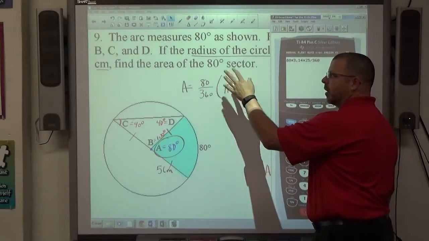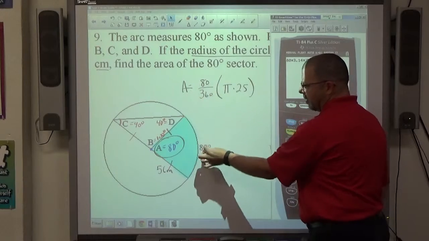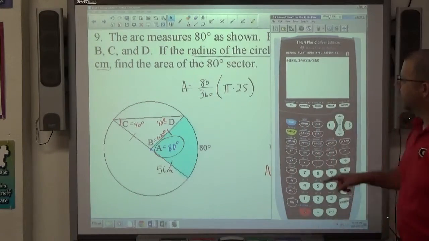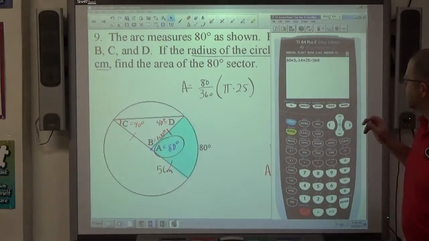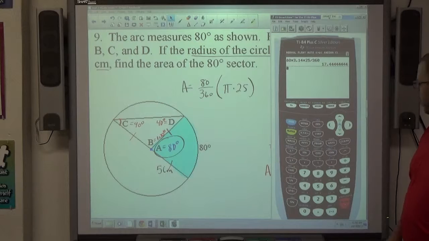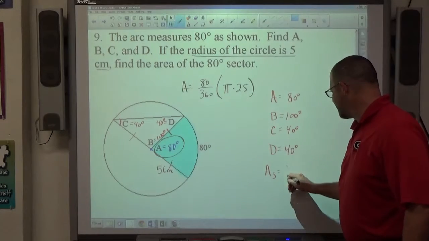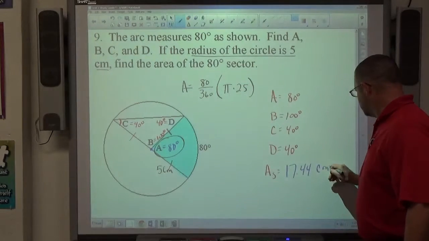It's always pi r squared if you're trying to find area. 5 squared, 25. 80 is coming from right there. Take your pick. 80 over 360 times pi r squared. Whole number times whole number times whole number divided by denominator. 17.44. So A sub S is 17.44 centimeters squared.